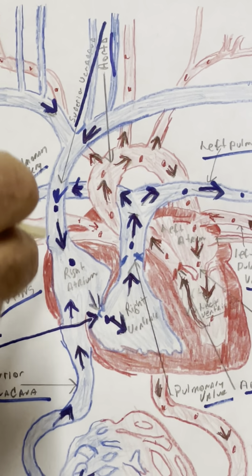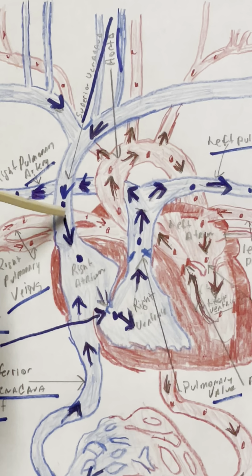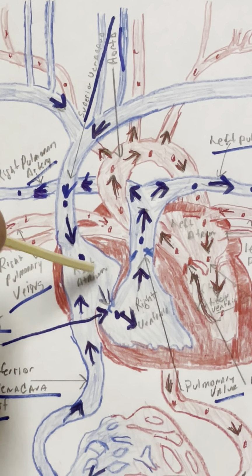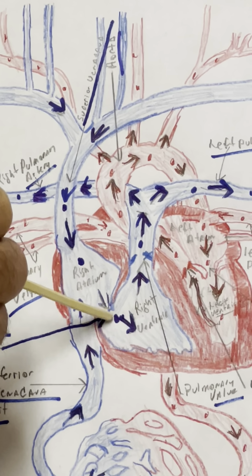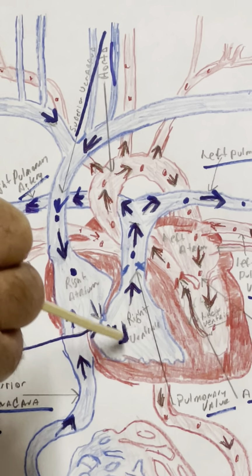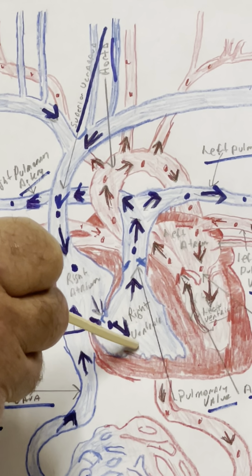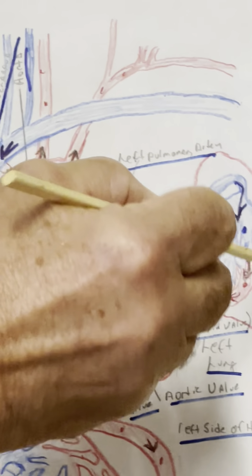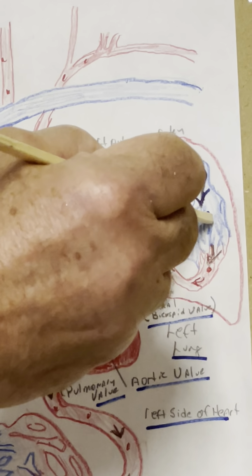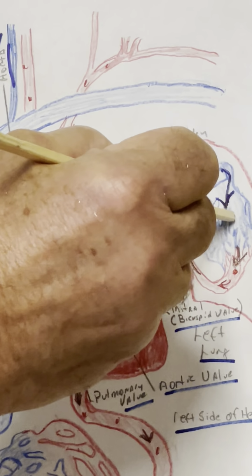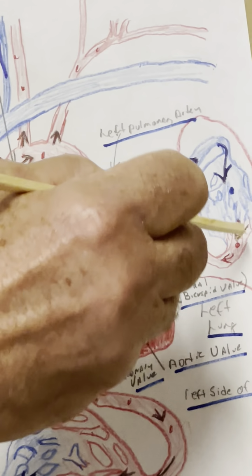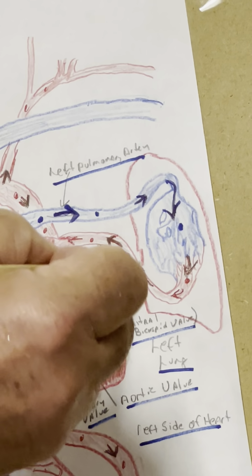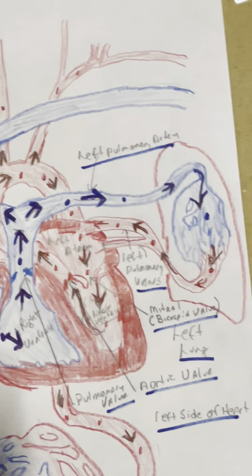So here we go. We follow this deoxygenated blood cell entering into the right atrium, entering in through the tricuspid valve, entering into the right ventricle, leaving the right ventricle and going to the lungs. Once the red blood cell gets oxygenated, it goes back into the heart through the left pulmonary veins or the right pulmonary veins.